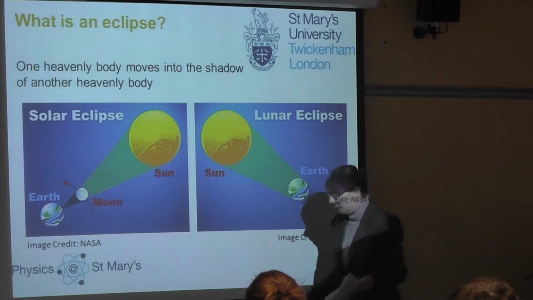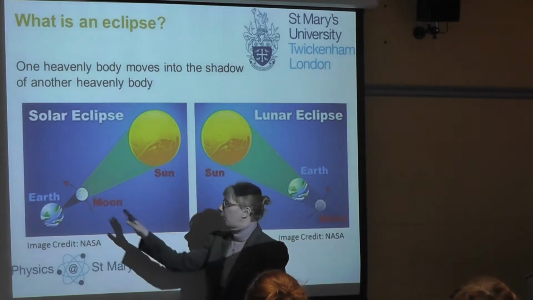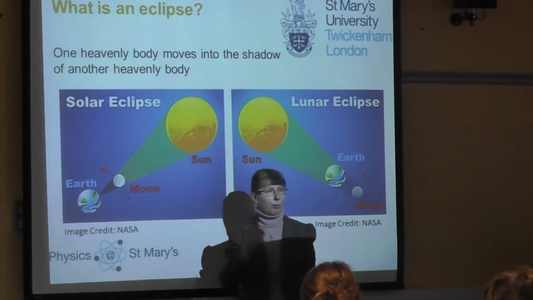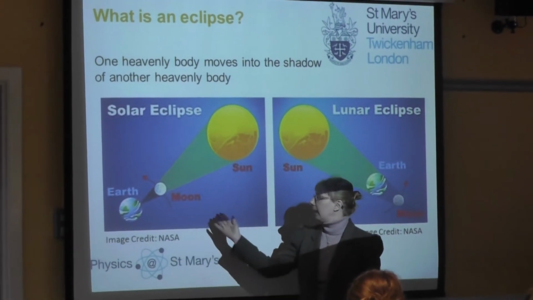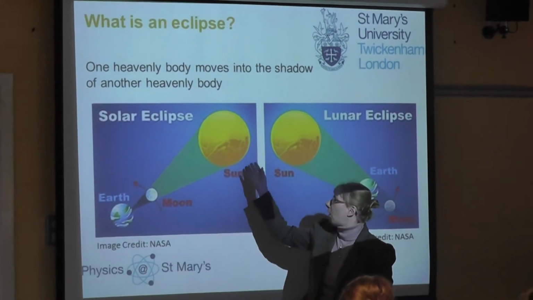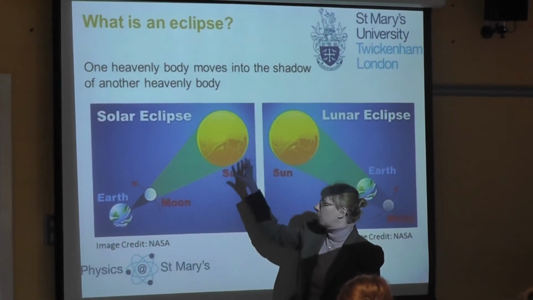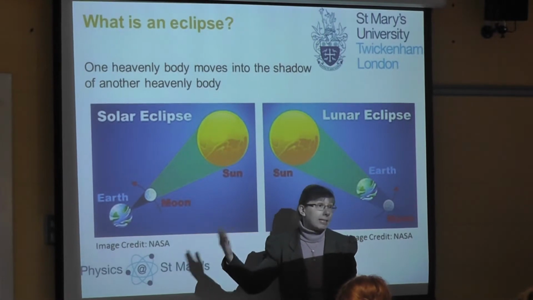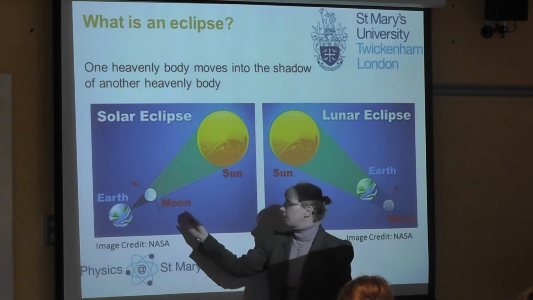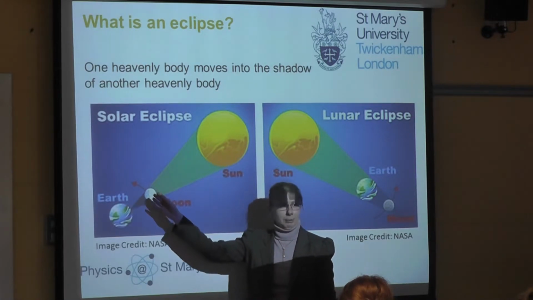So what happened was that we were on Earth, and the moon slowly, from west to east, came into the line of the sun. The sun was shining light, well, it is shining light, even though we can't see it, that's what it keeps doing. But then the moon slowly came in between.